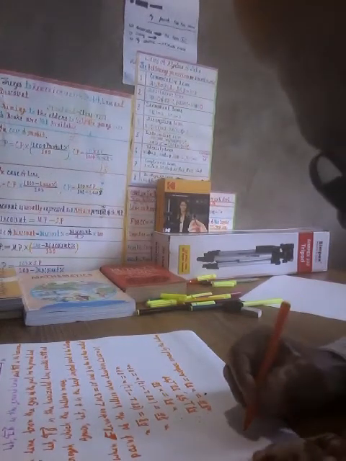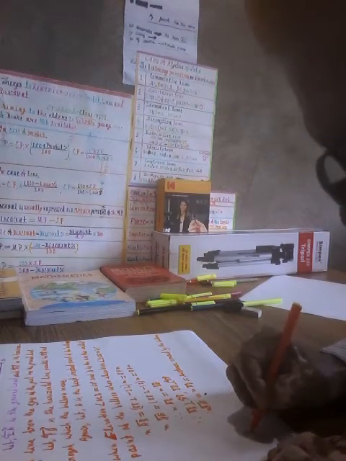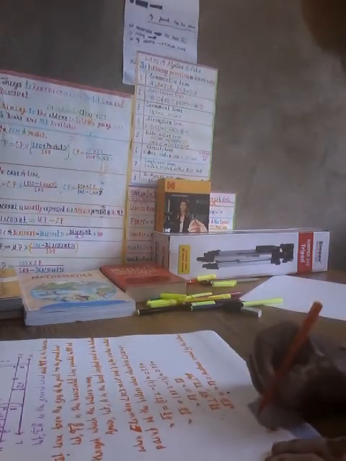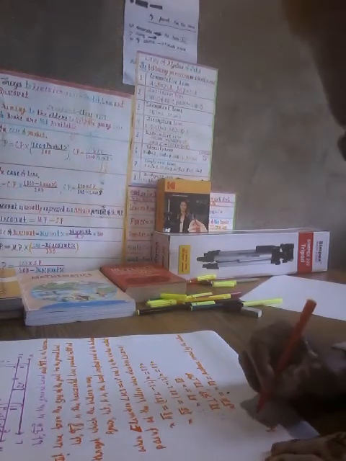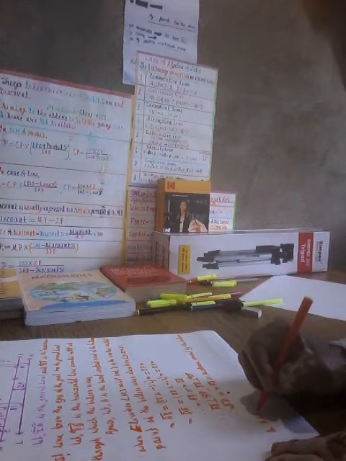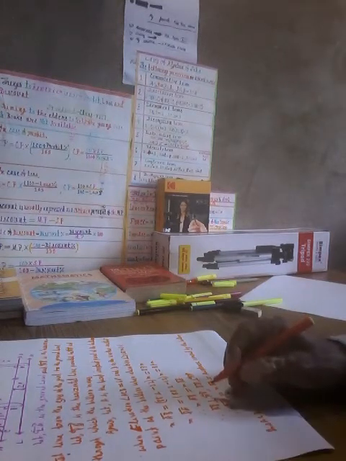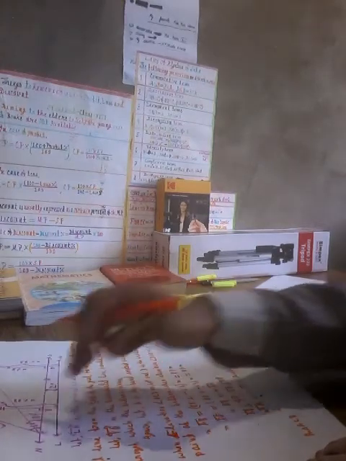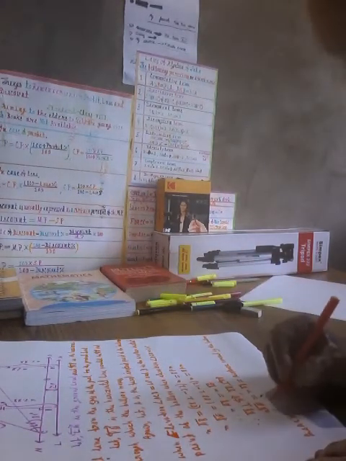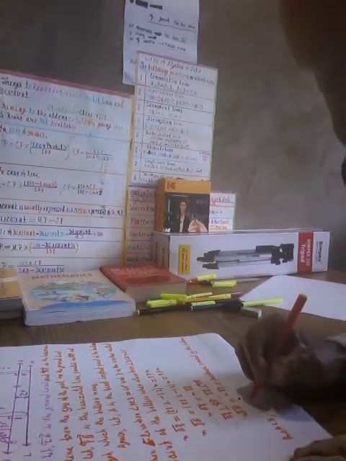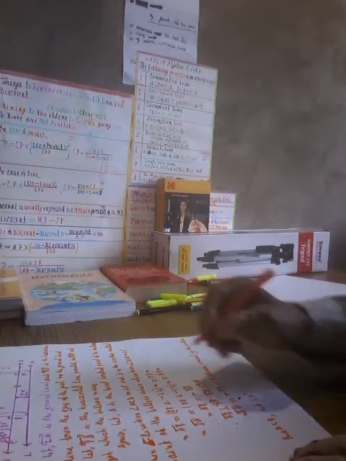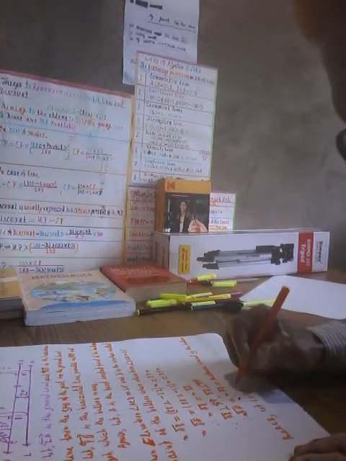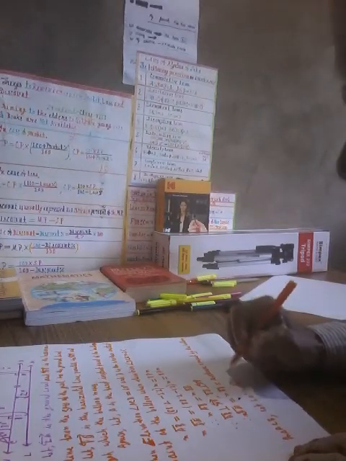After this, proceed in this way. In triangle ACB, we need the measure of BC and AB, so we will go for cot theta. Cot 60 degree is equal to BC by AB.